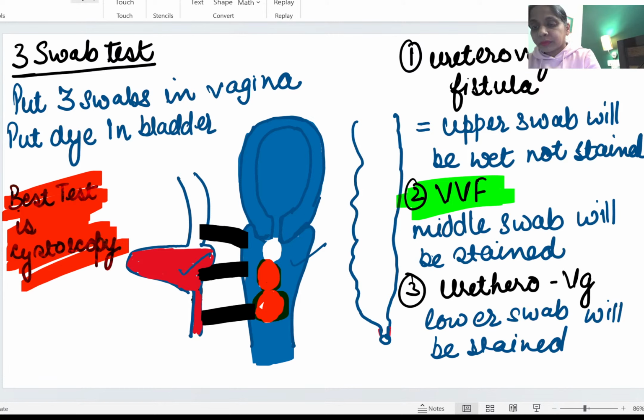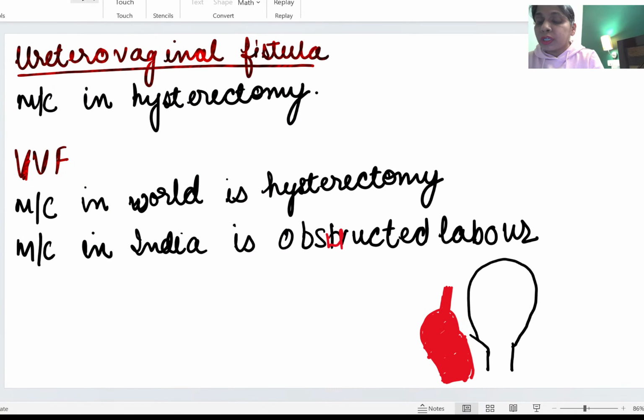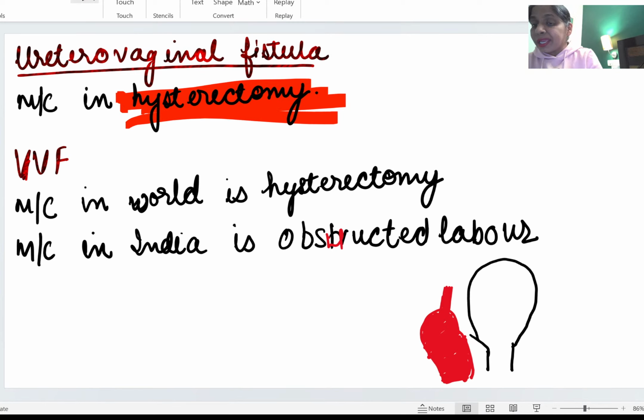Okay. Now let us discuss the ureterovaginal fistula and vesicovaginal fistula and their causes. The most common cause of ureterovaginal fistula is hysterectomy. As you can see in this diagram, the ureter is near the uterus.